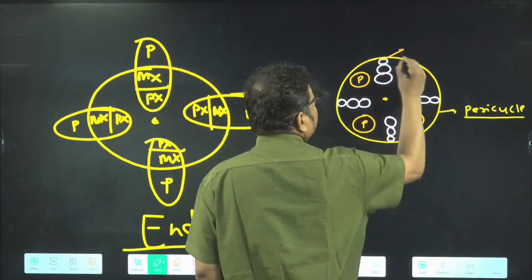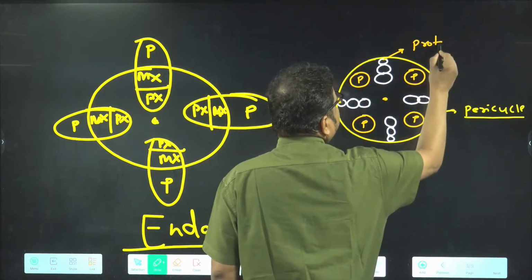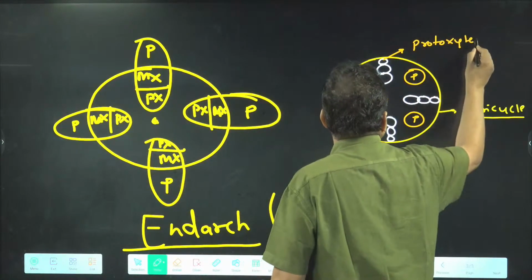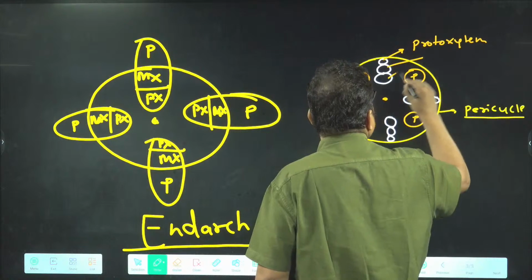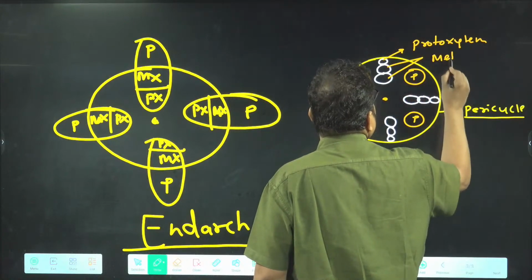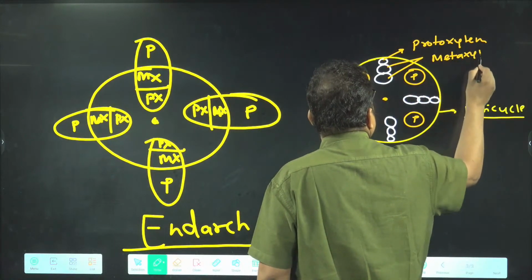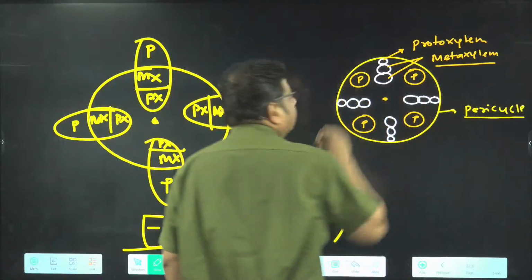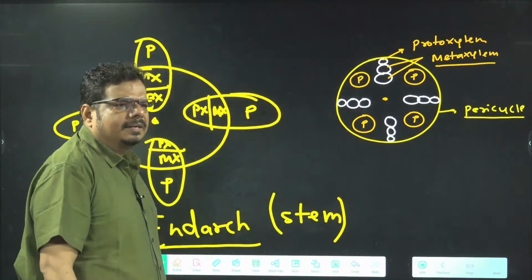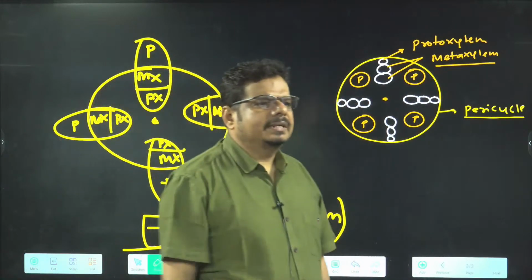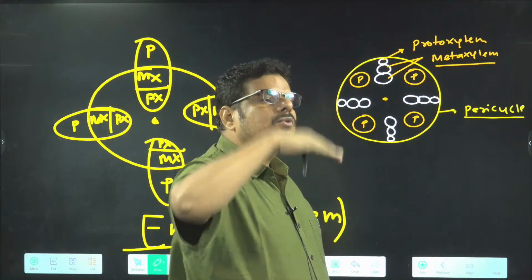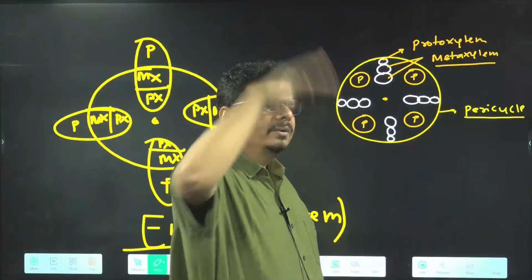This is protoxylem, smaller in size. And these are which xylem? Metaxylem. So here who is toward the center? Metaxylem is toward the center and protoxylem is toward the periphery, outside. Agreed or not?